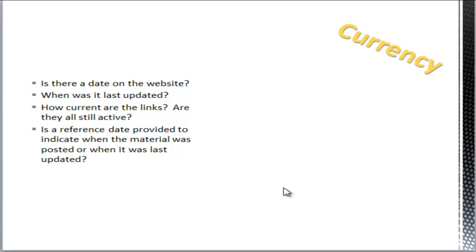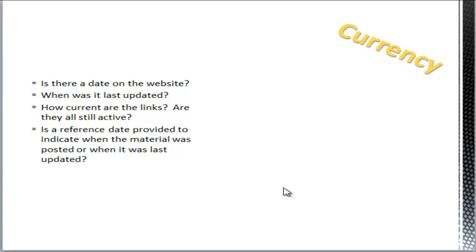When you're doing any kind of search, one of the things you have to consider is how important it is that the information be right up to date. If you're doing research on a historical topic, it might be fine to use information written 5, even 10 years ago.